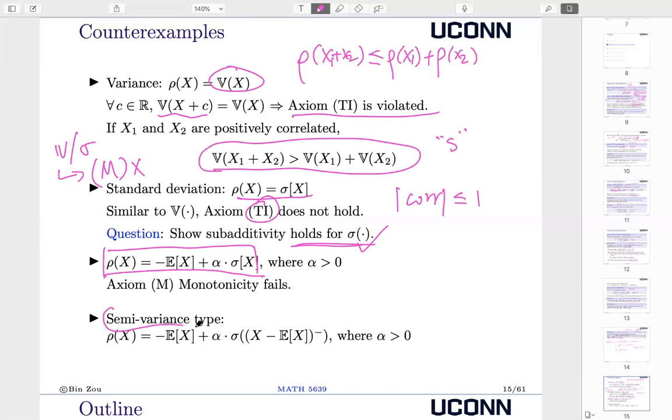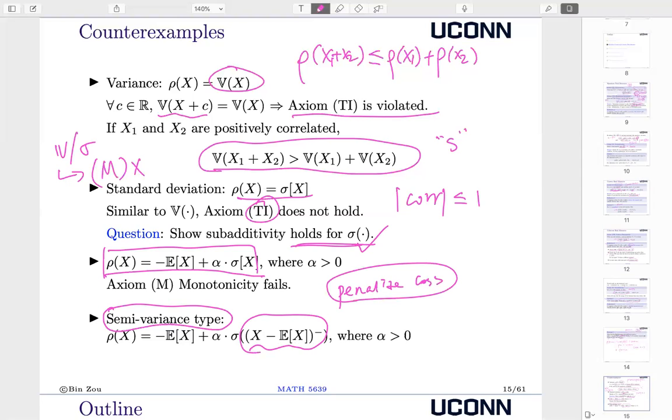Some people propose this semi-variance. Again, it's not a nice risk measure in terms of satisfying axioms, but from the finance point of view, you only penalize the negative part, so it's the loss part. You only penalize loss.